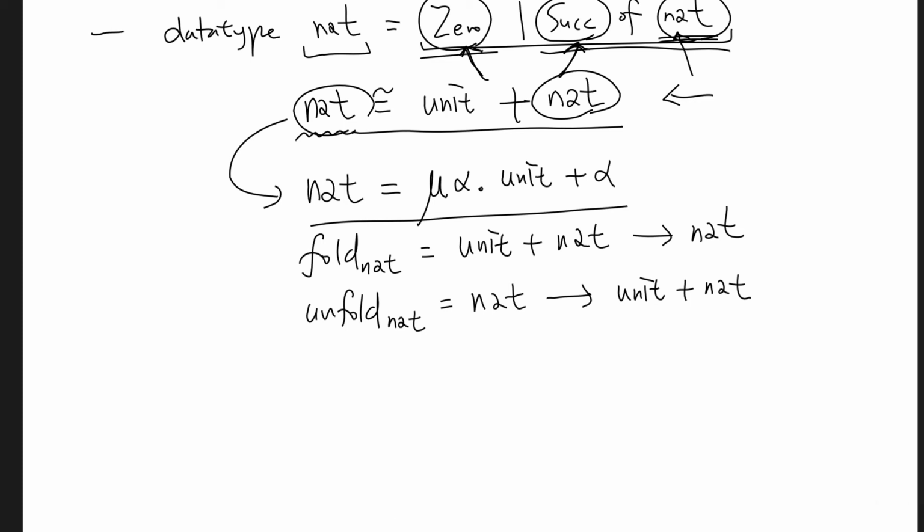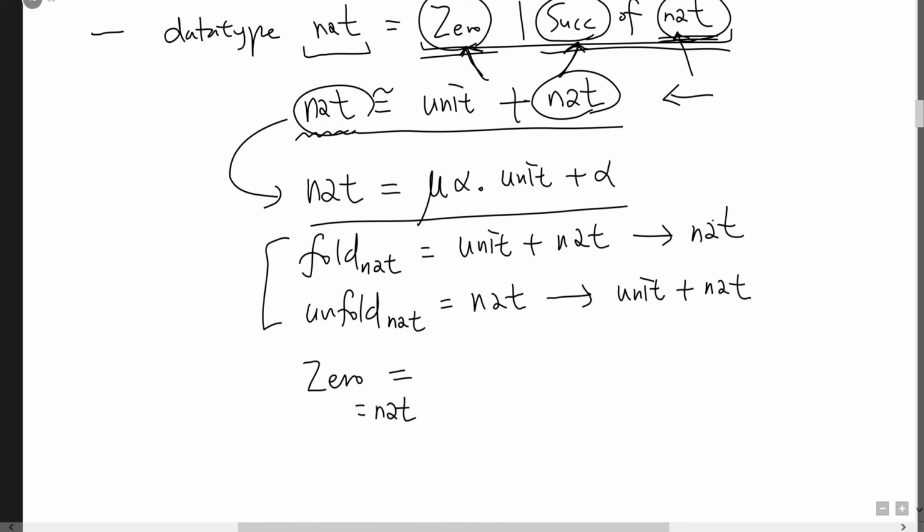Now we are ready to encode everything. First, how do we encode 0? Remember that 0 is of type NAT, and the only way to create a value of type NAT is by applying this fold function at some point. So you have to first prepare an argument, this one. And in the case of 0, you take the left branch.